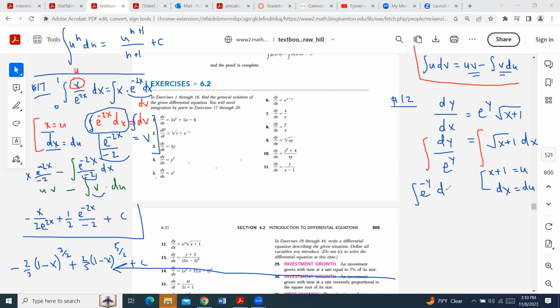And we already know that if it's a variable, y or x or t, with dy or dx, we take the antiderivative, and it'll be e to the power of minus y over negative 1. I don't write the constant; I will write it only once.